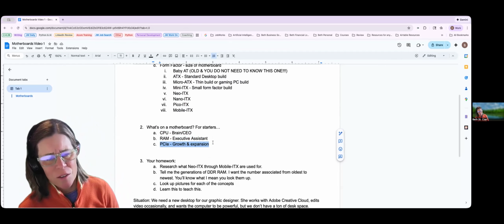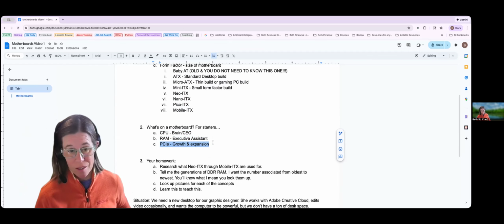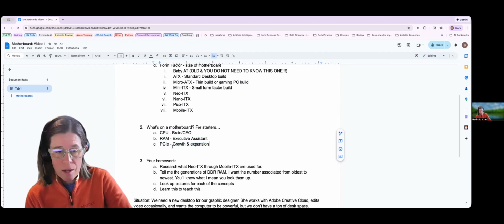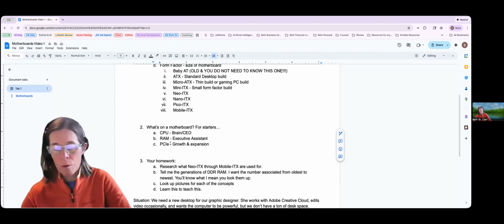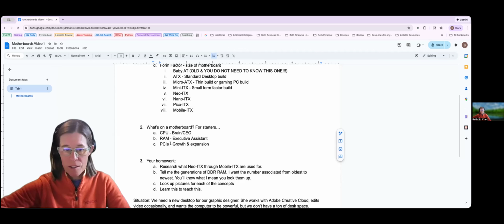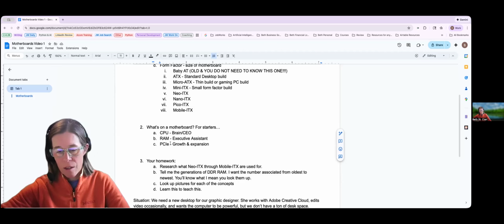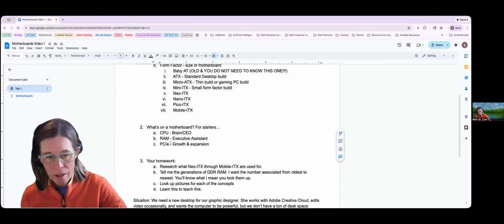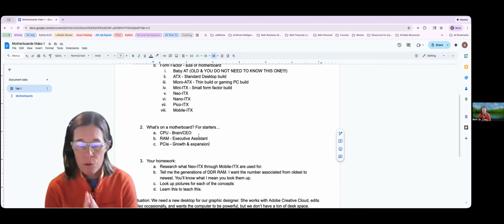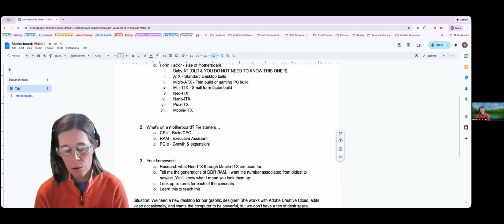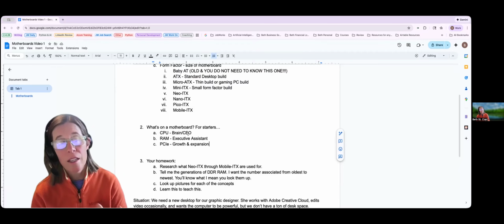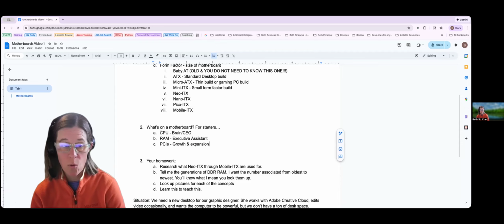I don't even know what it stands for anymore, but it is PCI Express. So that's used for growth and expansion. And that's basically for installing newer devices into the system, into the computer. You want to have that expansion ability. Okay, so if you can think about these three as those concepts, that's going to help you remember what does what.